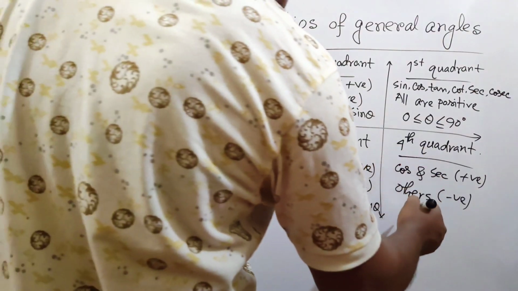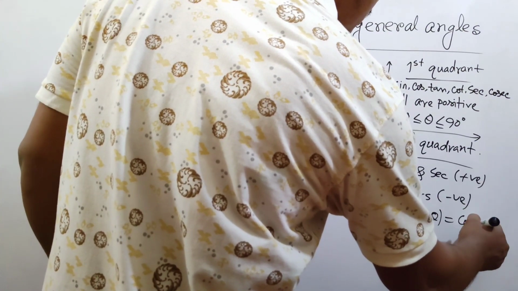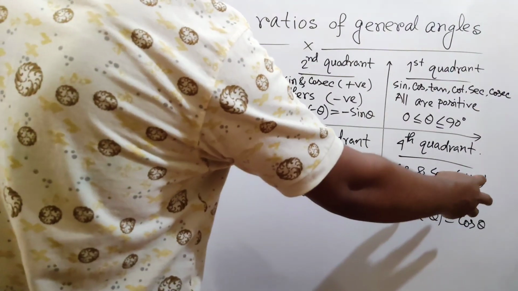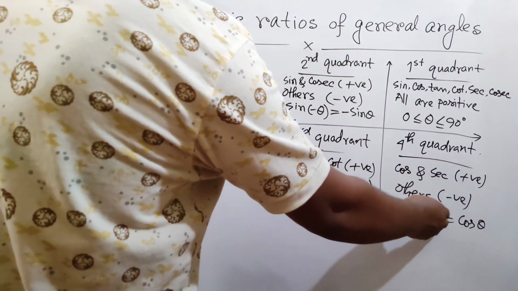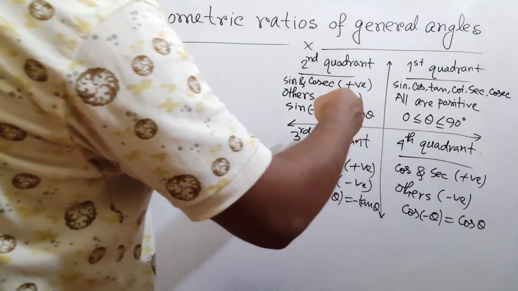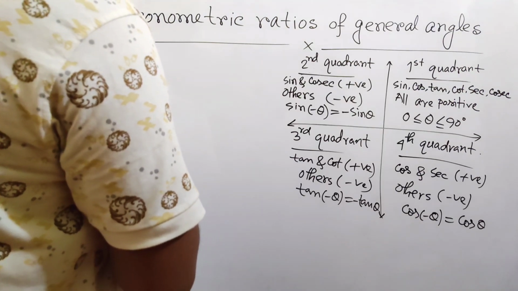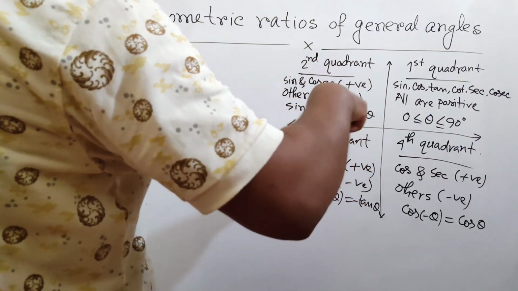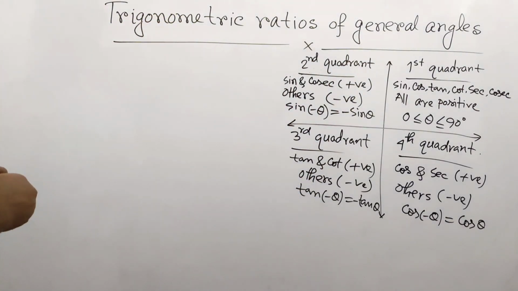But cos of negative theta equals positive cos theta. Only for cos, negative theta equals positive cos theta; sine and tan should be negative. These things are so important when you are finding the general angles of trigonometric ratios.